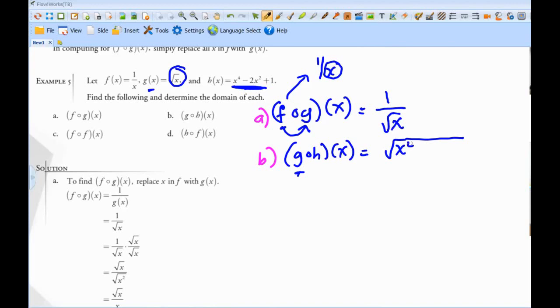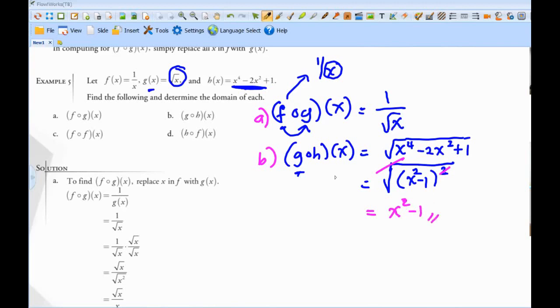So x to the fourth minus 2x squared plus 1. I think you can factorize this. It is x squared minus 1 squared. And then you cancel out this. Then you will have x squared minus 1.